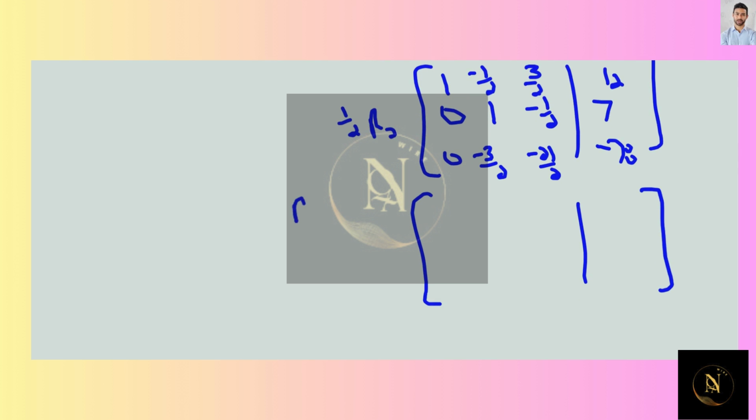If we take row 1 and add half of row 2 to it, we'll get a new row 1 of 1. -1 half plus 1 half is 0. 3 halves plus -1/4 is 5/4.